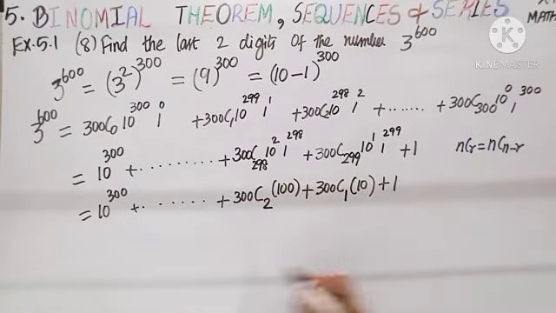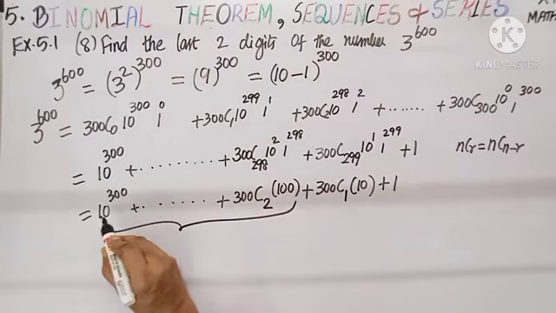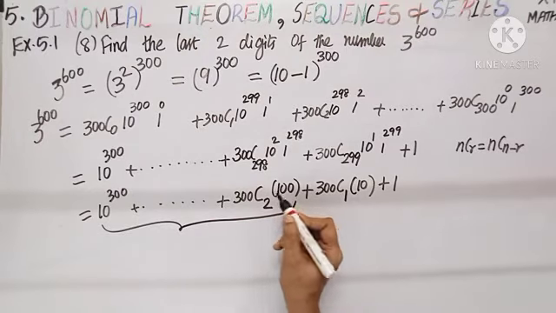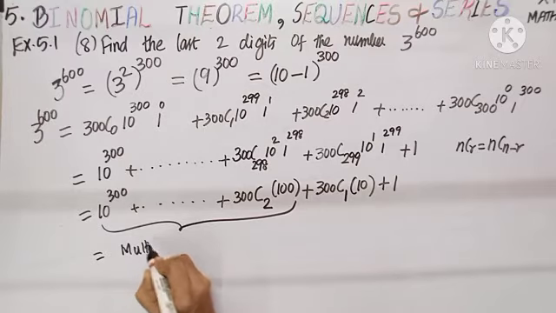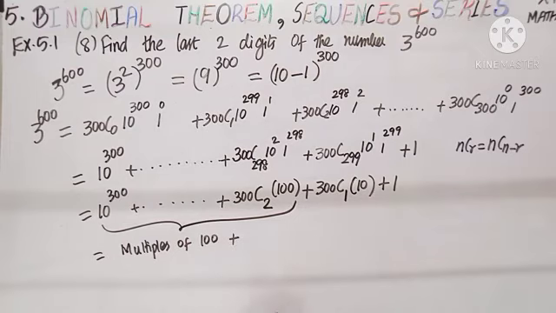Plus 1. If I combine these terms, all are multiples of 100 only, because 100 and more powers. So all these are, I can say, multiples of 100. So they will not affect my answer.